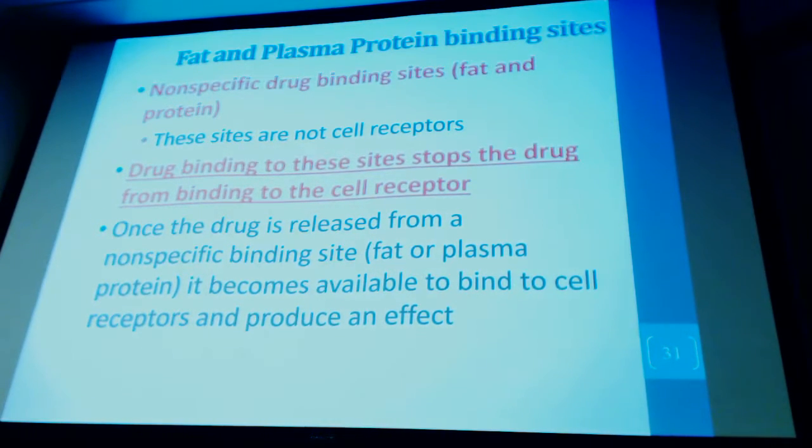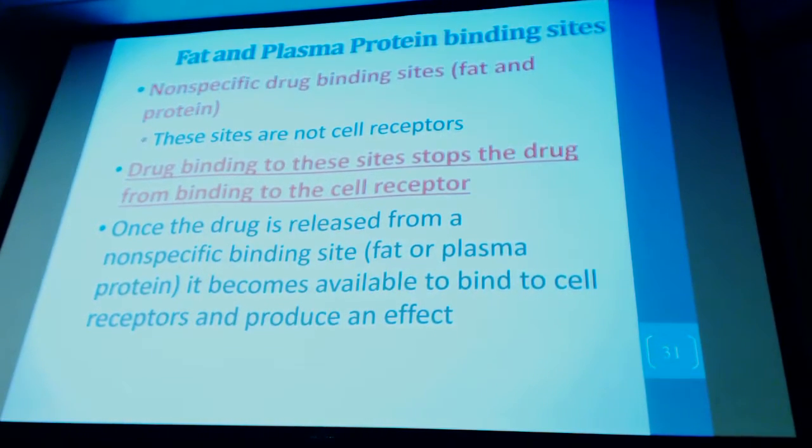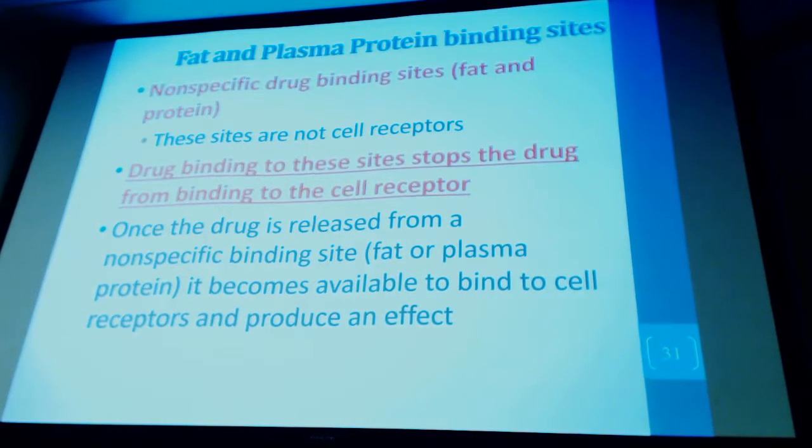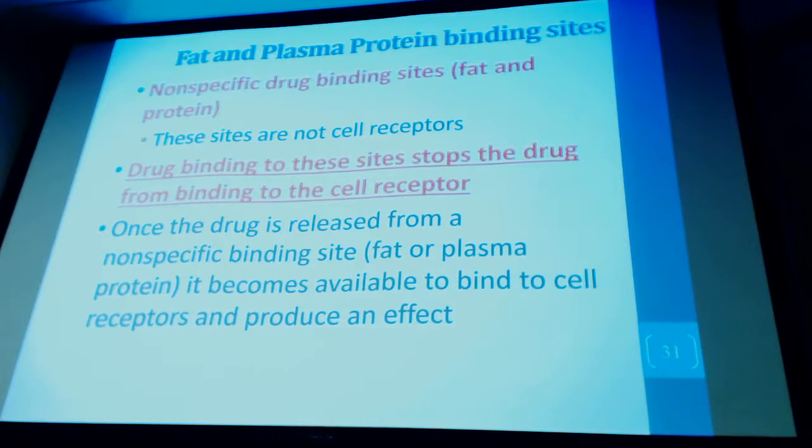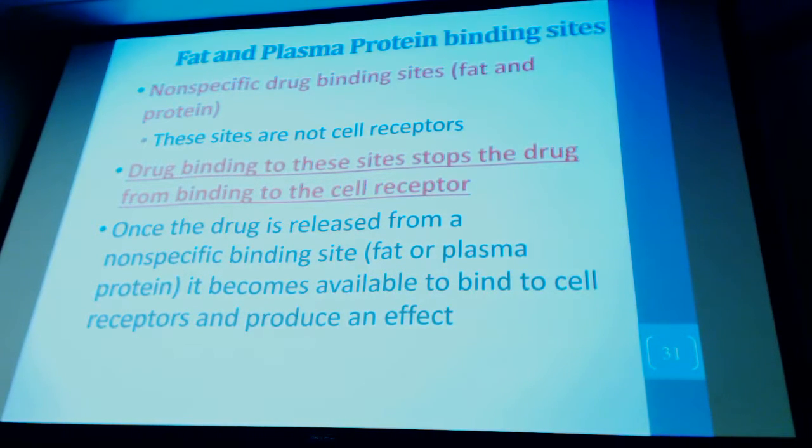Can you put it down when it becomes active? As you said at first, when it's released. Say that again. Can you put it down when it becomes active? Active when it's released. You're not active right now. No, I understand that part, but just the first thing that you said. Yeah. The non-specific binding sites are either fat or protein.